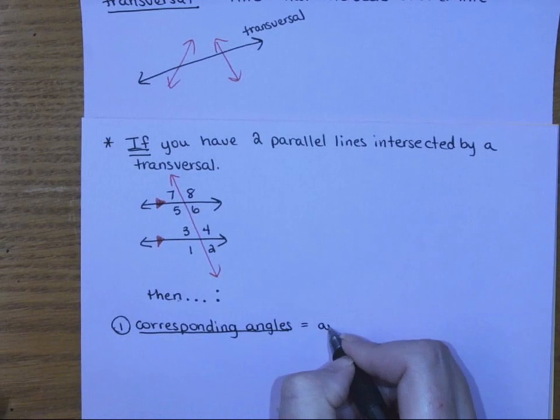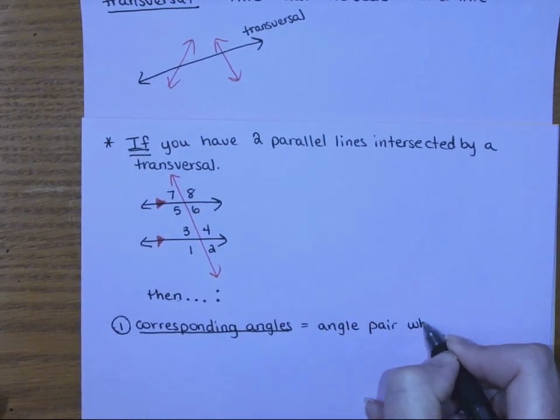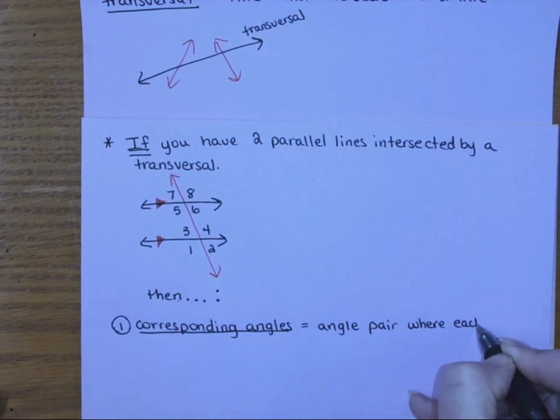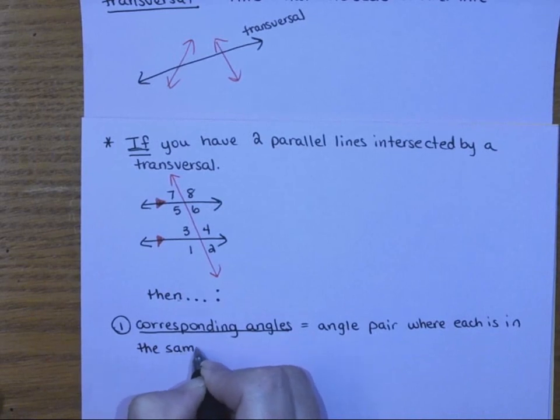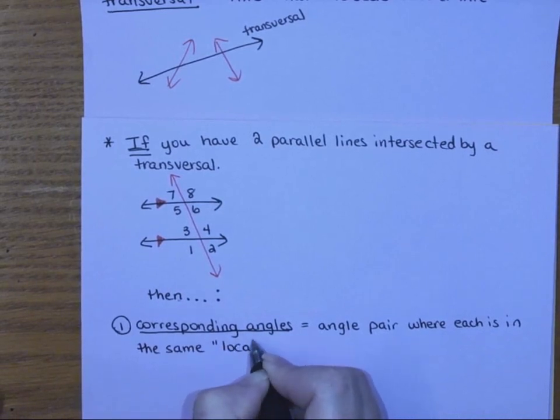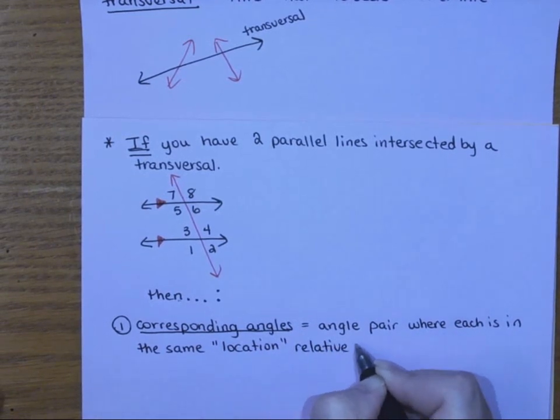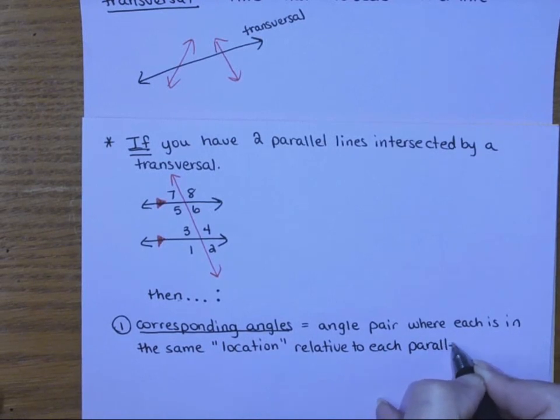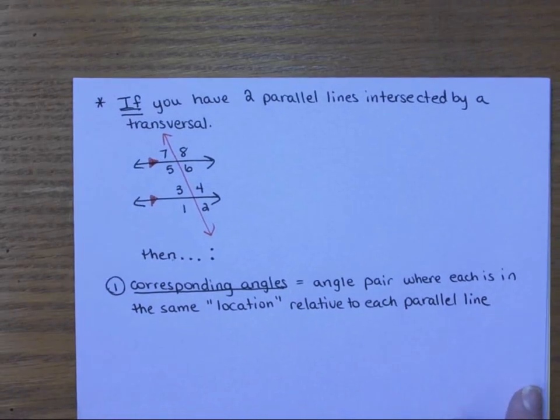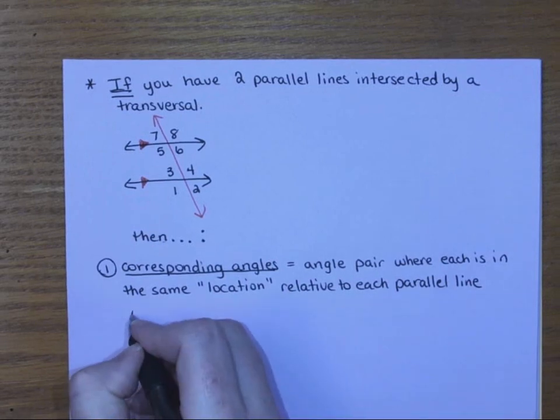So corresponding angles are where you have an angle pair where each is in the same location relative to each parallel line.